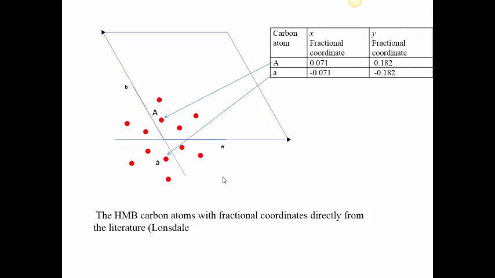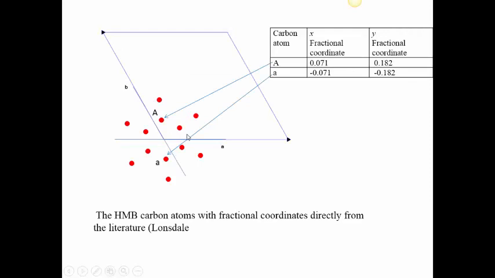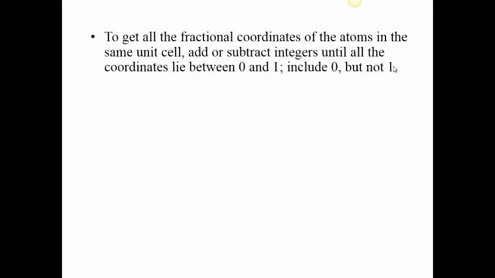Here's our atom A and little a, and you can see how capital A is in the first quadrant, the top quadrant here, and little a is in the negative quadrant, and we can see that these have 2 plus signs on them, and these in effect have 2 minus signs. Okay, so to get all the fractional coordinates of the atoms in the same unit cell, remember we can always add or subtract integers until everything lies between 0 and 1.